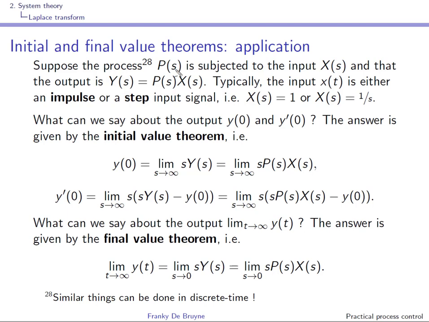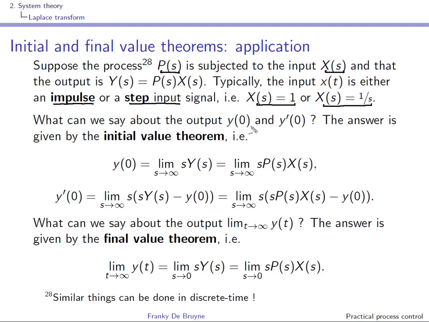What we'll do is use it for a given process P of s, and this process will be subjected to an input x of s. In practice, we'll consider only two inputs, an impulse, Dirac impulse, and a step input signal, so that x of s is either 1, this is the Laplace transform of an impulse, or 1 over s, and this is the Laplace transform of a unit step.